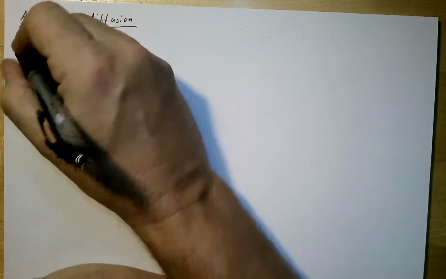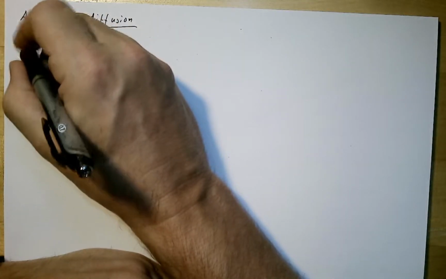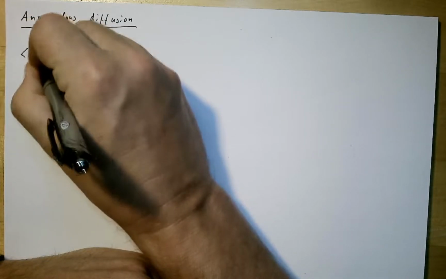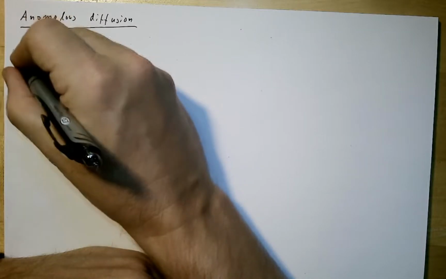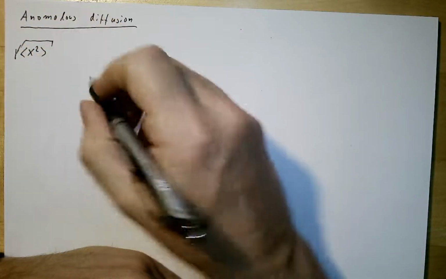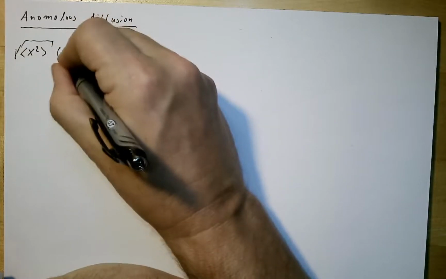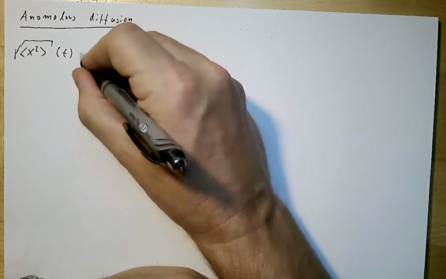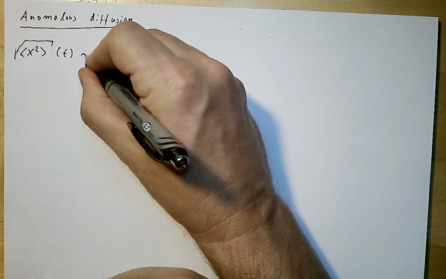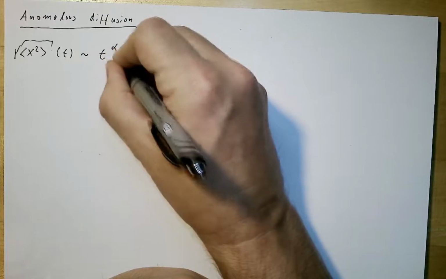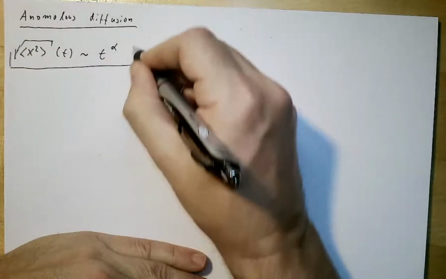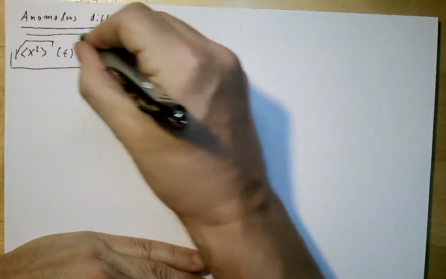So let's say we have a random walk, and we have the expectation of the mean square displacement. We take the square root of this as a function of time. Typically we will find that this goes with t to a power, an exponent alpha, maybe only after a certain transient.